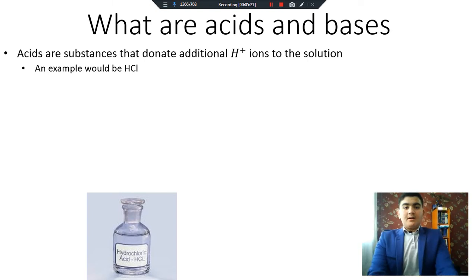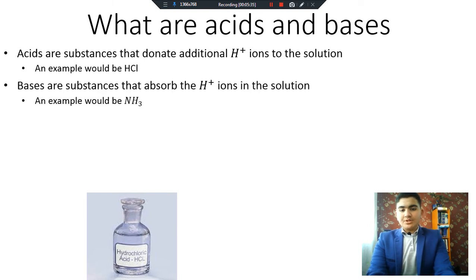As you might have guessed, a substance that reduces the H plus ion concentration is a base. Some bases reduce the H plus concentration by absorbing the H plus ions in the solution. An example would be ammonia, which binds or absorbs the H plus ions dissolved in the solution, for example water, and forms ammonium.